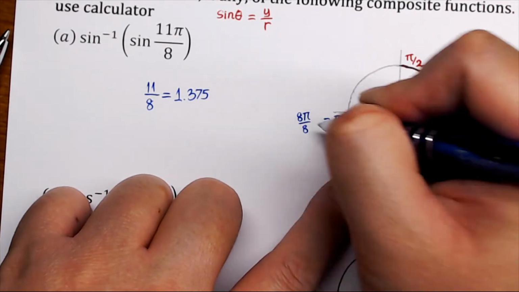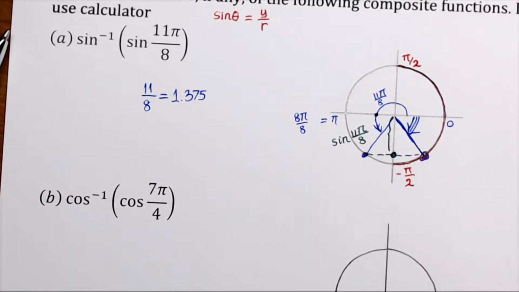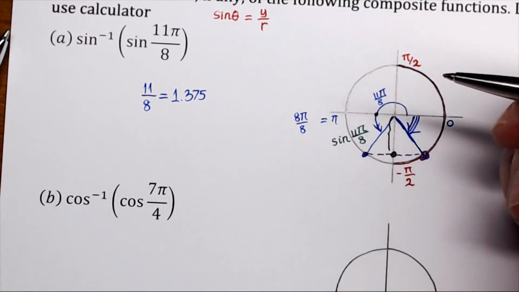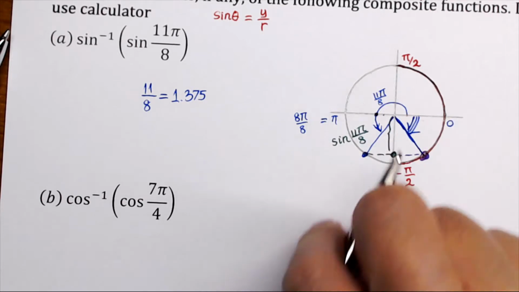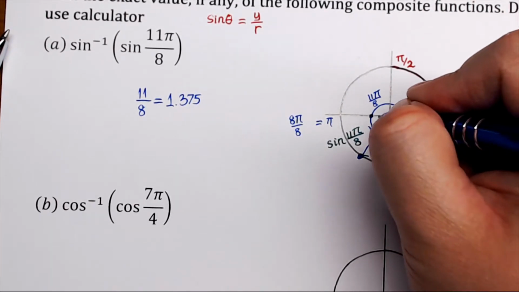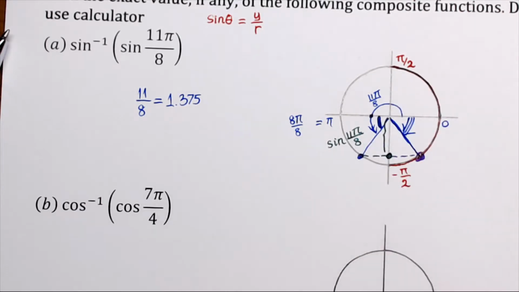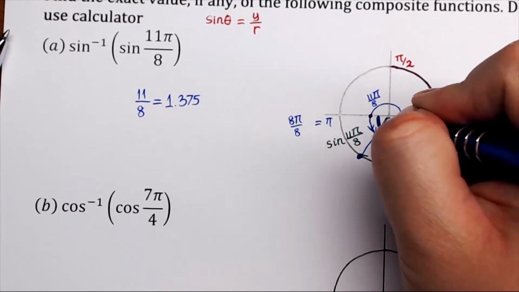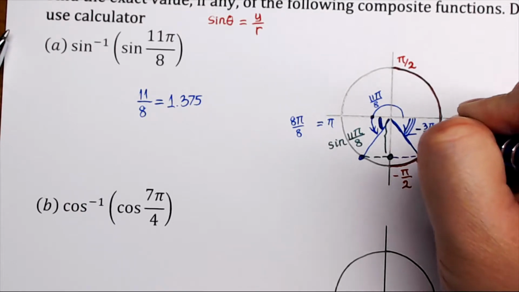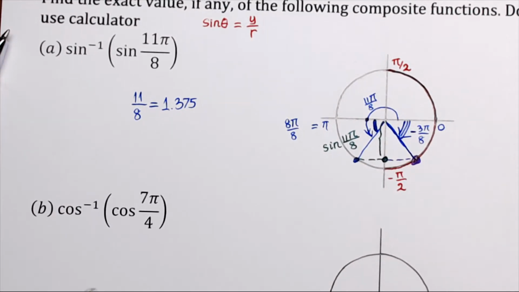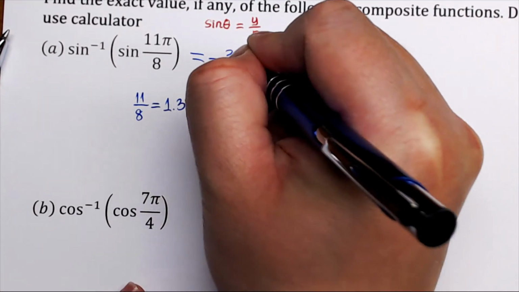Then we have to pick one more quadrant for the sine inverse because it is associated with the y values. If we pick this quadrant, it will not have different y values, so we have to pick this quadrant so the y values are different for every point. So the range of the sine inverse goes from negative pi over 2 to pi over 2.